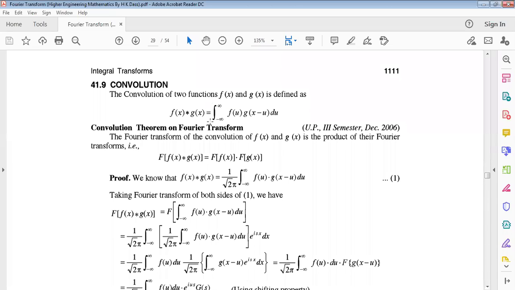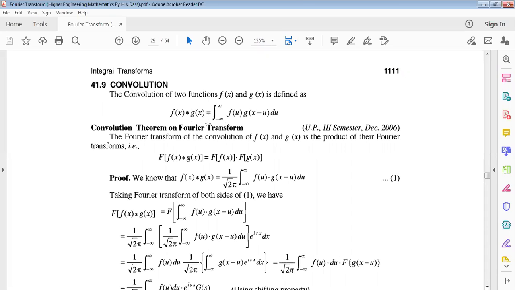Understand everybody? Now this is the main important theorem of the Fourier transform: convolution. What is convolution? The convolution of two functions f of x and z of x is defined as an integral from minus infinity to plus infinity of f of u z of x minus u.